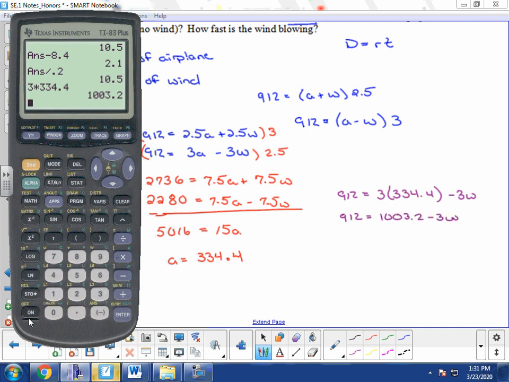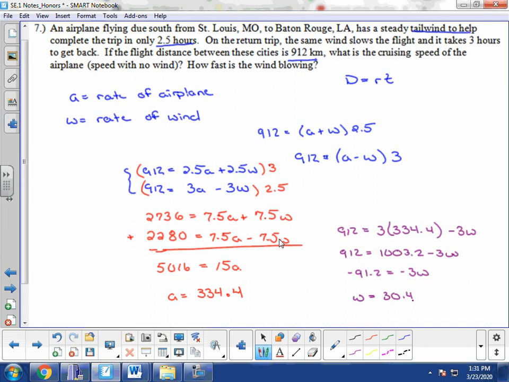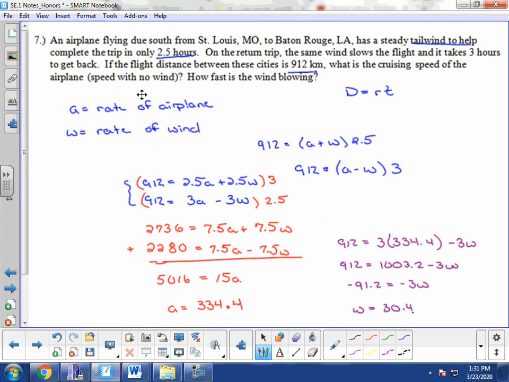So you can take 912 minus 1,003.2. So negative 91.2 equals negative 3W. Divide by negative 3, and W equals 30.4. So now I have the answer for both variables A and W, and I did need to solve for both of them.